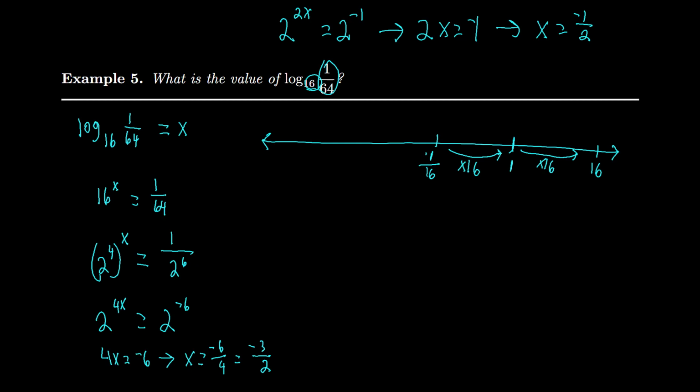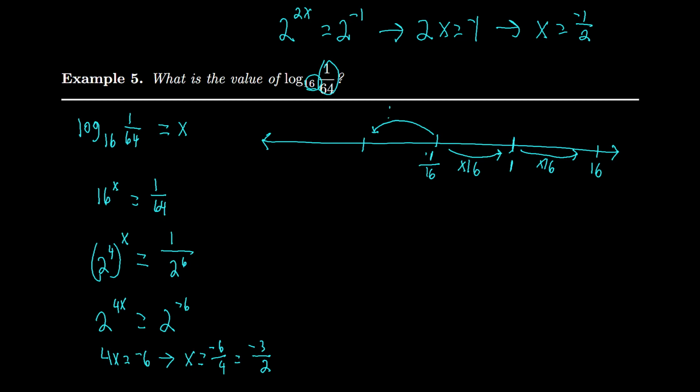And if you want to know how to go backwards, I want to always read this going right, but it's pretty clear that this is also just dividing by 16 if you want to read it backwards that way. And if I want to go back another step, I will divide by 16 again.